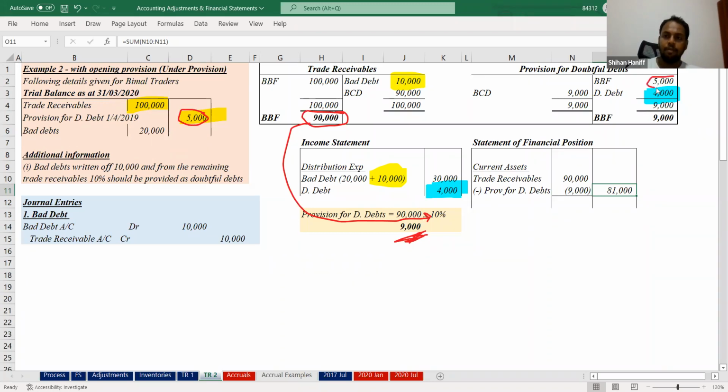Here we have put opening balance 5,000. To make this 5,000 into 9,000, you have to increase the provision by 4,000. Then it becomes total 9,000. That's why we increase.